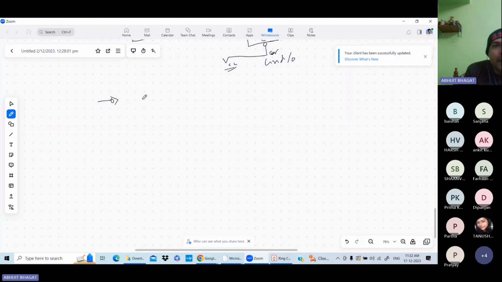Symbol for negative clock pulse, and symbol for positive clock pulse is like this. This is the negative clock pulse, and this is the positive clock pulse. You can provide the negative, you can provide the positive.